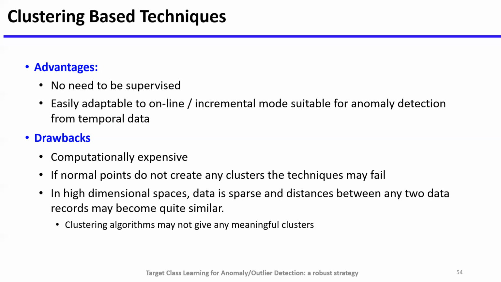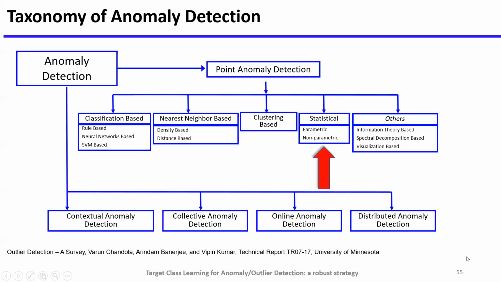The drawback is basically that they are computationally expensive. Another drawback is that if the cluster formation is not good, then it can fail. Another drawback is that if the data is sparse, then again it will not give conclusive results or meaningful clusters. So these are some of the drawbacks of clustering based techniques.